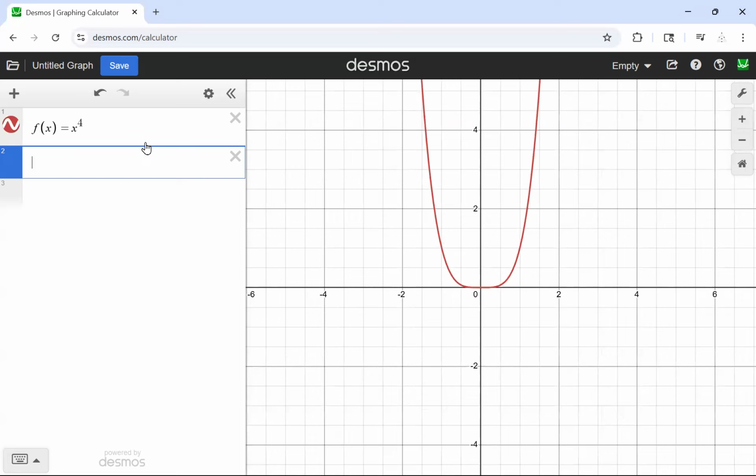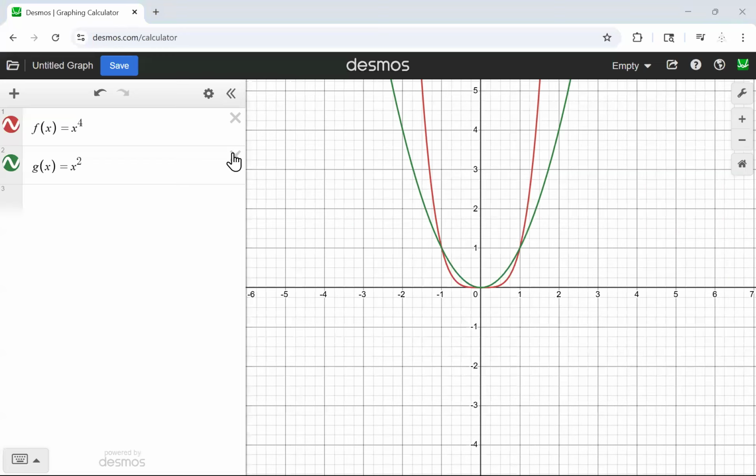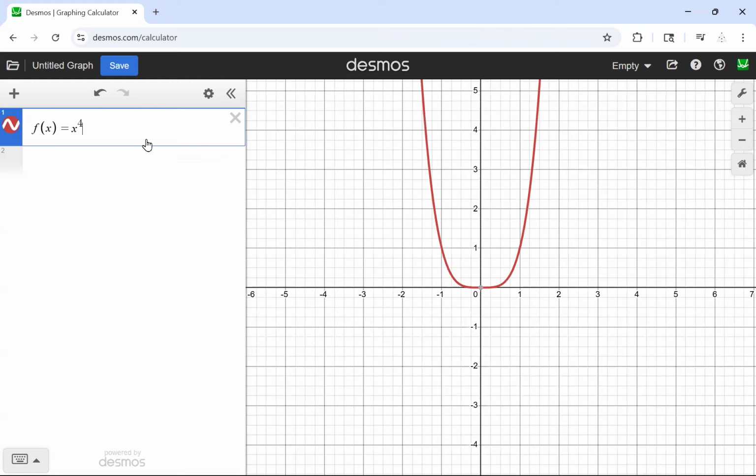So if I graph two functions side by side, our x to the 4th and our x squared, you can see that the x to the 4th kind of stays closer to the x-axis and then it zooms up a lot quicker. So it increases a lot quicker. But same basic idea is that on one side it's going off to positive infinity, on the other side it's going off to positive infinity.